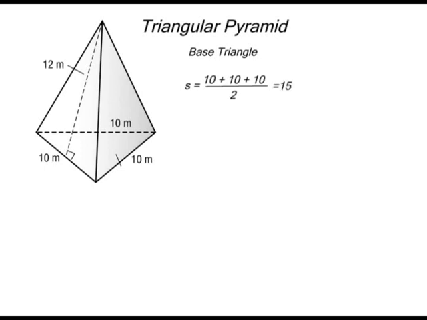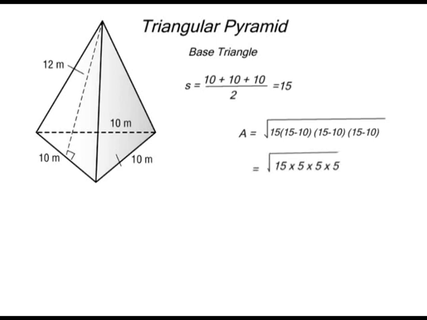The area is equal to the square root of 15 times (15 minus 10) times (15 minus 10) times (15 minus 10). That gives us 15 times 5 times 5 times 5, which is 1,875. The square root of that is 43.3. And so the area of the base is 43.3 square centimeters.